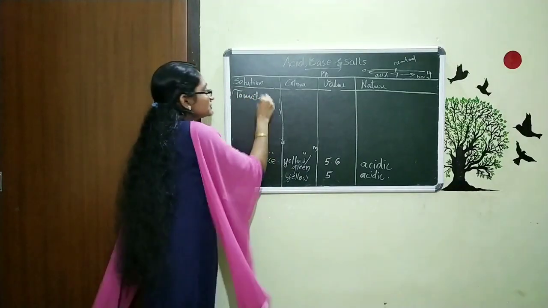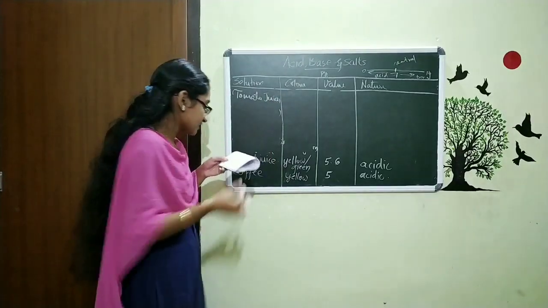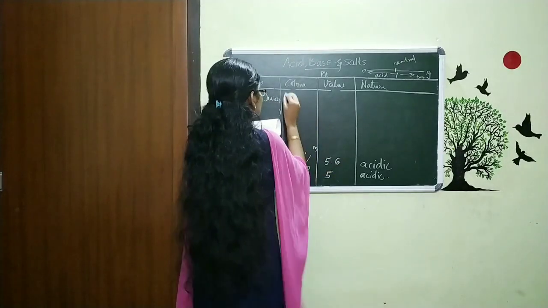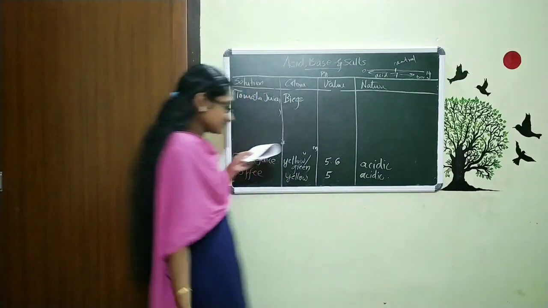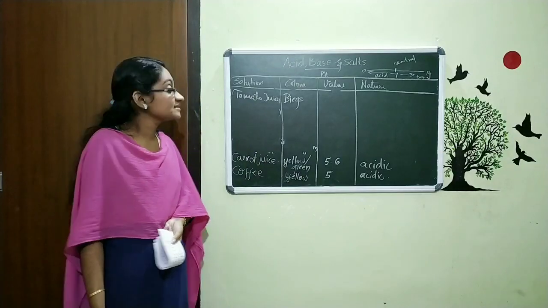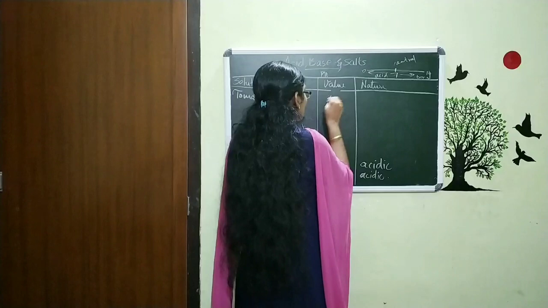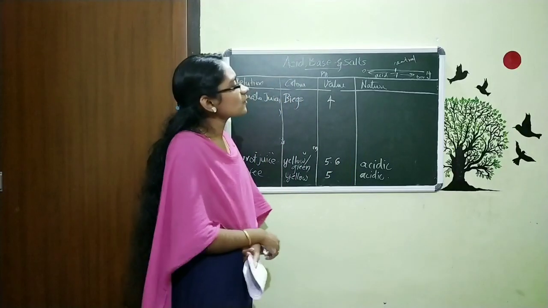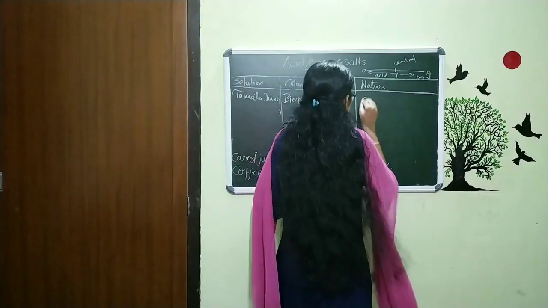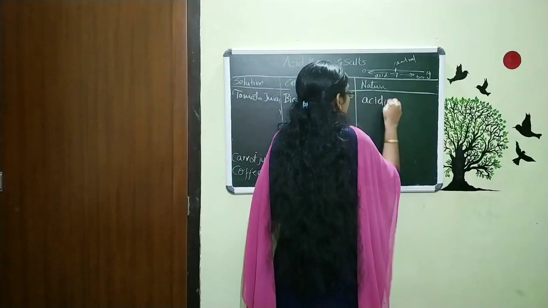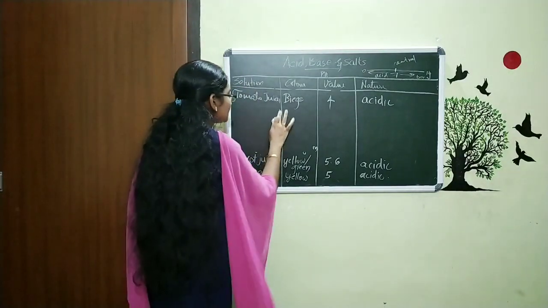I am taking the tomato juice in a beaker and dipping the pH paper. We get the color as beige, something like reddish orange. So the value is 4. Where is this 4 located? In the region of acid. So tomato juice is acidic.